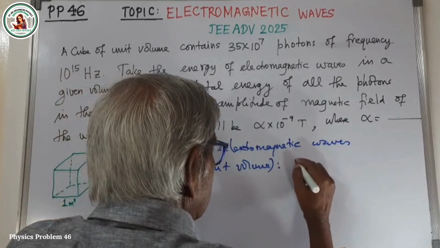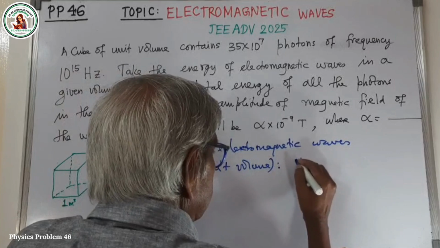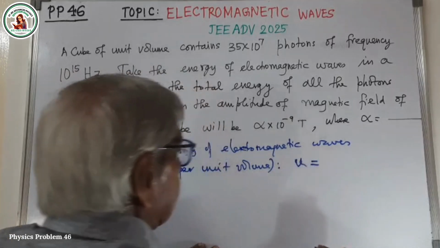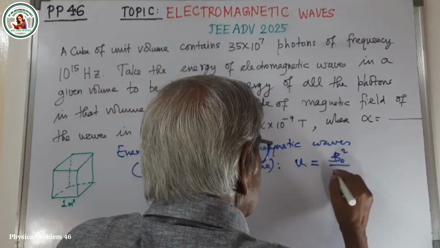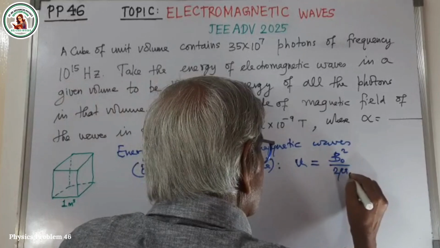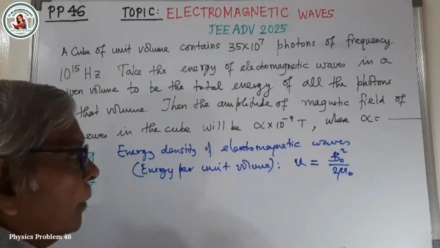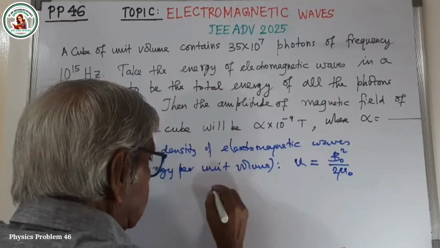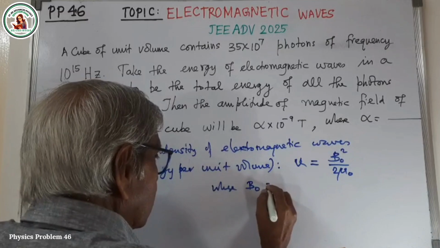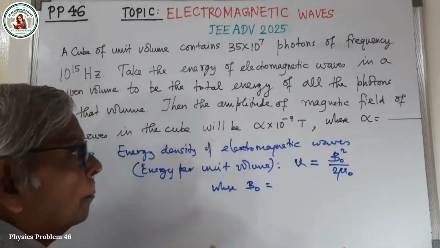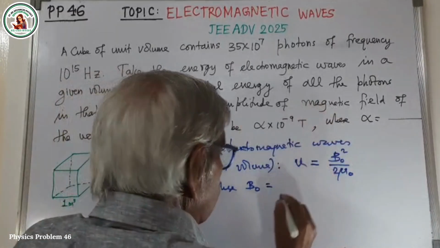Generally we use a small u for that. Energy density u equals B naught square by 2 mu naught, where B naught equals the amplitude of the magnetic field in the wave.